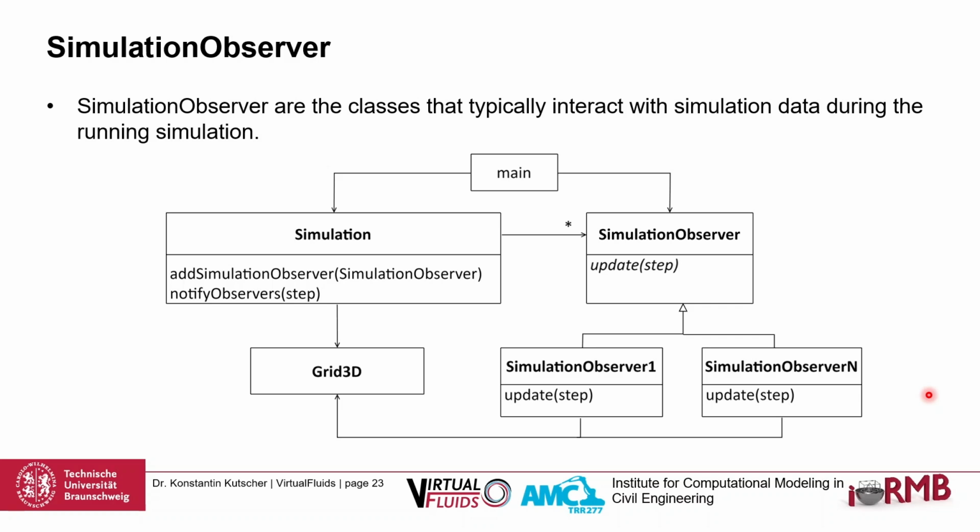Okay, your question. Good question. I want to understand the application of this observer. Would one application be that if someone wants to change the forcing on certain cells, you would use an observer, or could you hard code that?